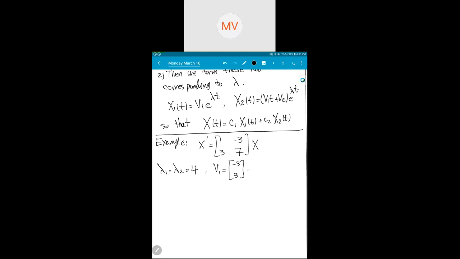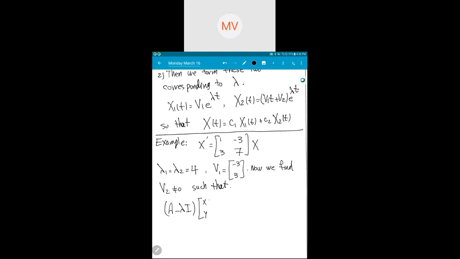Now we find a V2, non-zero, such that, what was the equation? A minus lambda I times the V2 that we're about to find.